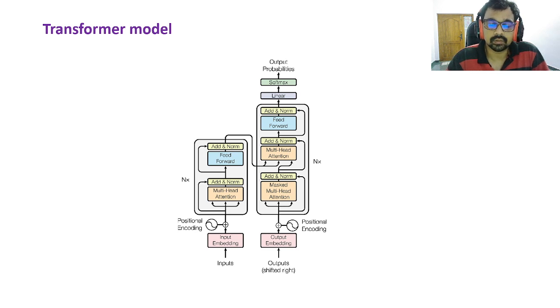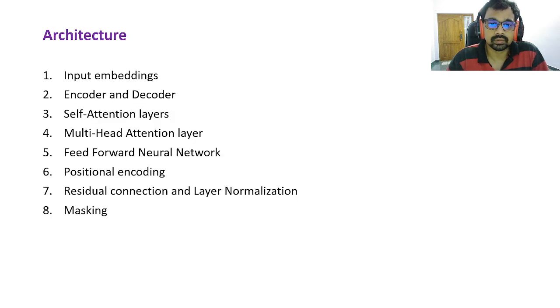So I have broken down the components into 8 parts: input embeddings, encoder and decoder, self-attention layers, multi-head attention layer, feed-forward neural network, positional encoding, residual connection, layer normalization, and masking.